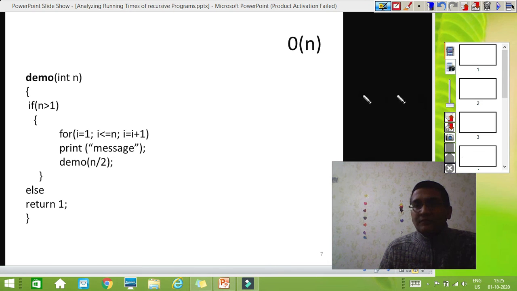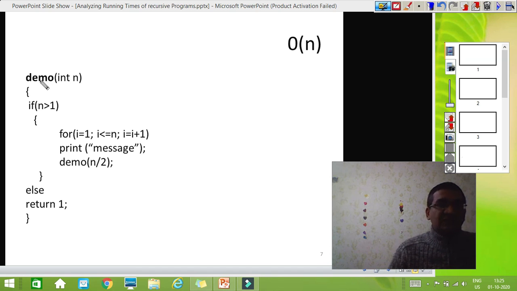Okay, next again we have a recursive algorithm, and we have used a dividing recursive approach where the function is called by dividing the input size with some constant. So here we are dividing it by 2. So again I am representing this with the T(n), and if n is more than 1, then this is a loop.